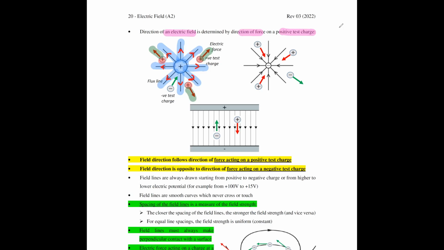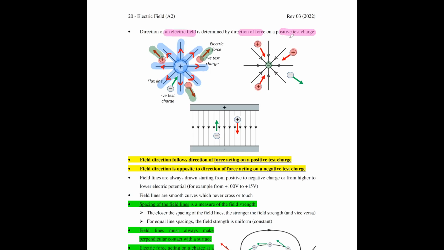Okay, so you try to do the same thing for a negative charge, like the one that is situated here. Again, you put a positive test charge here, here, and here. You look at the direction of force acting on the positive test charge. Because this is positive and negative, the force acting on the test charge will be attractive by nature.